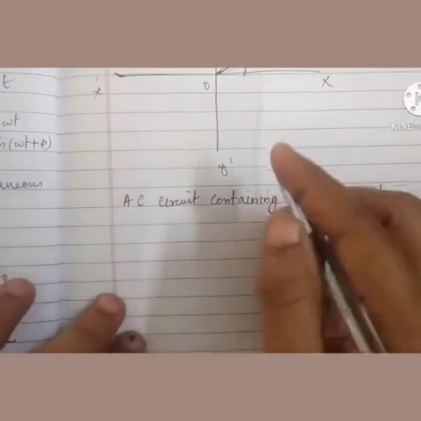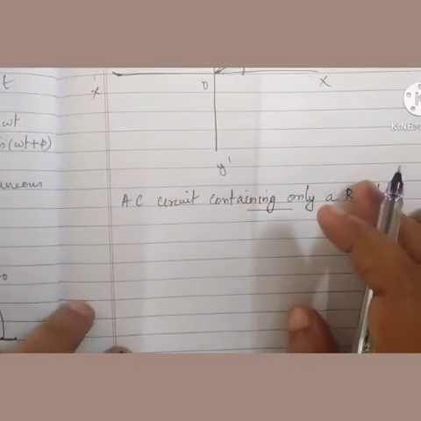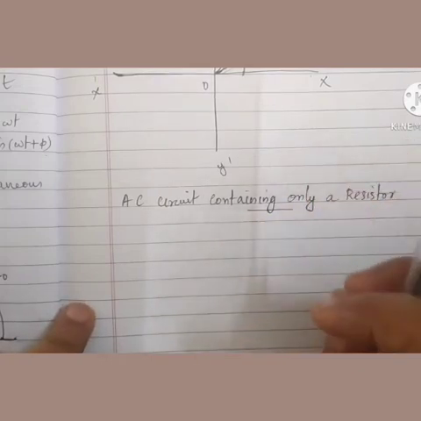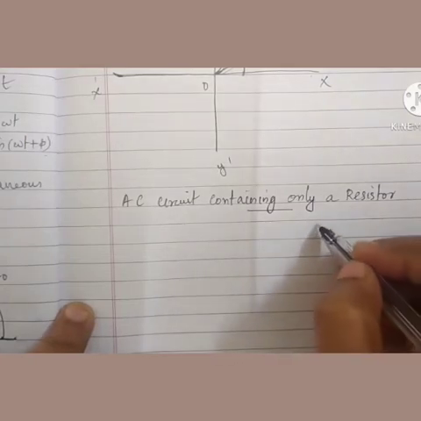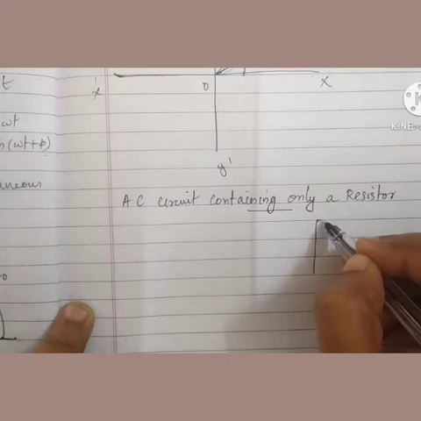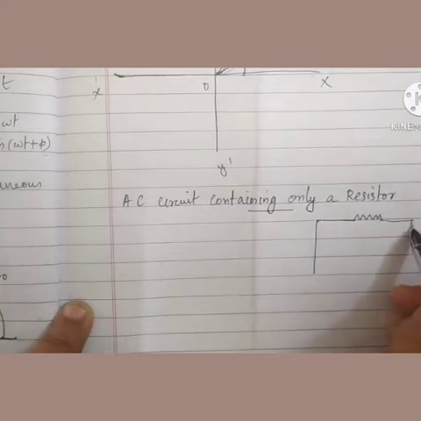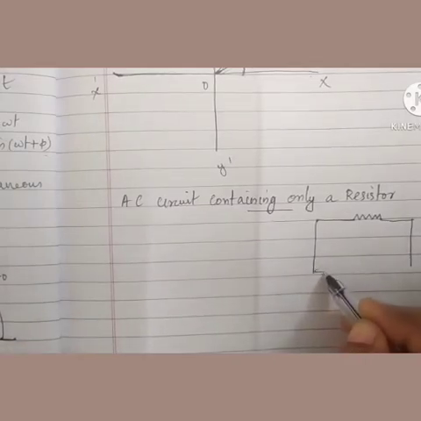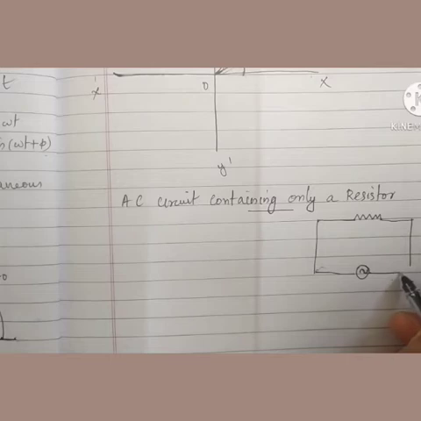First of all, when you get the question, you can draw a circuit diagram. So here, this AC circuit is having only a resistor, isn't it? So draw a circuit like this, which is having a resistor, and it is connected to a source of alternating EMF. From now onwards we are studying alternating source.